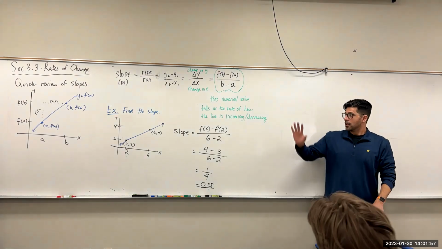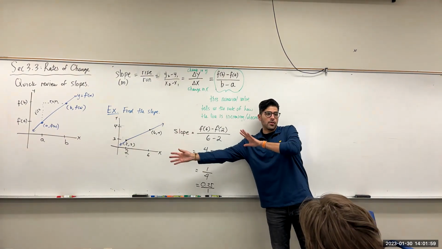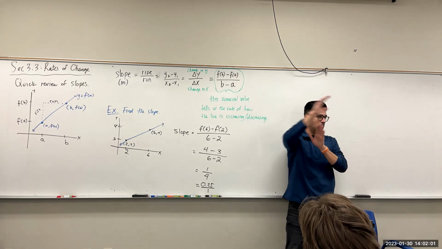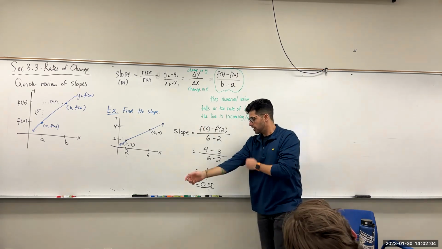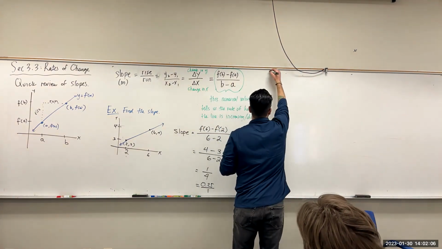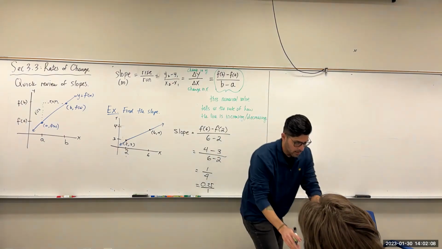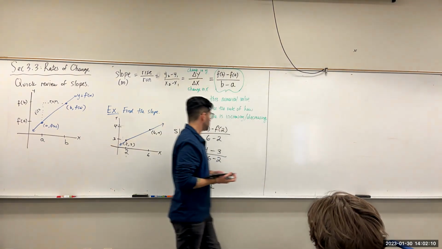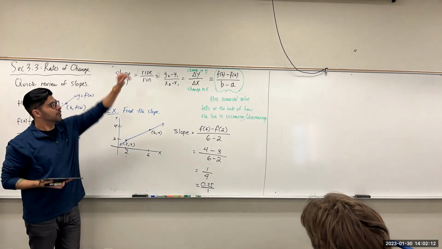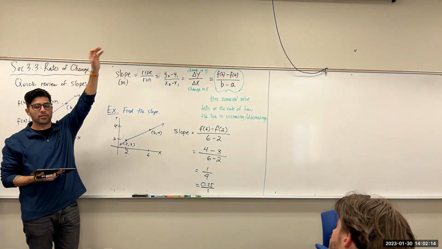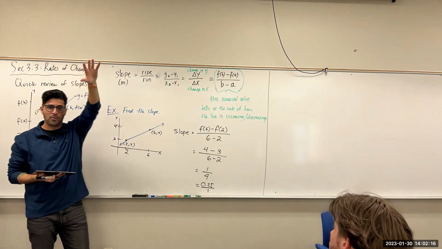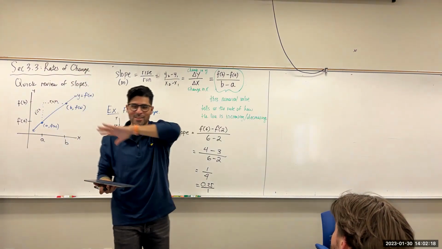Okay. So you guys learned this, but now we're going to talk about rates of change and leave this in the background because it'll tie in a little bit. All right. So back in the 1500s, there was an astronomer named Galileo who wanted to study the motion of things.